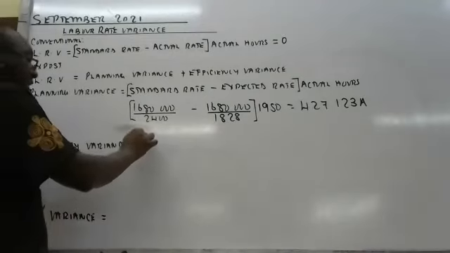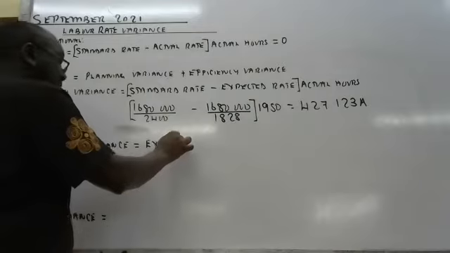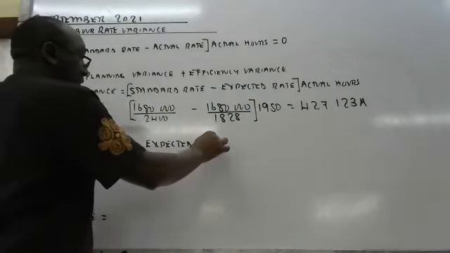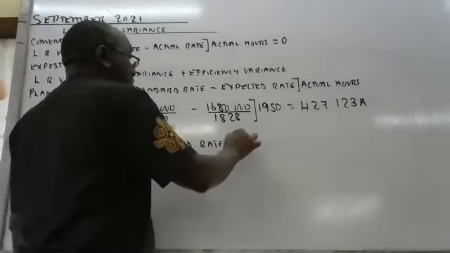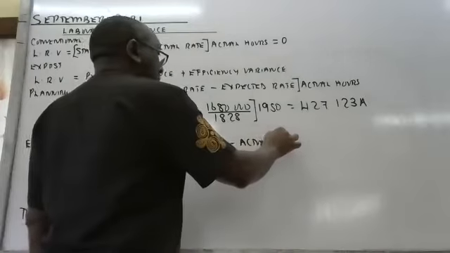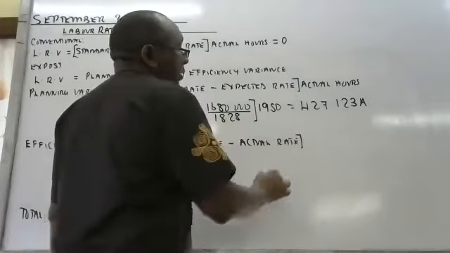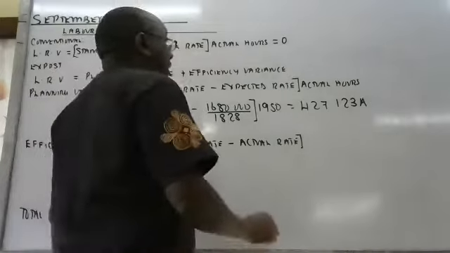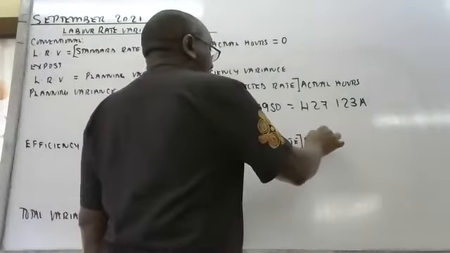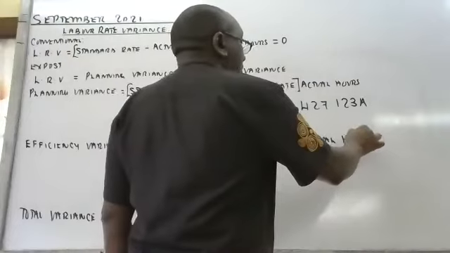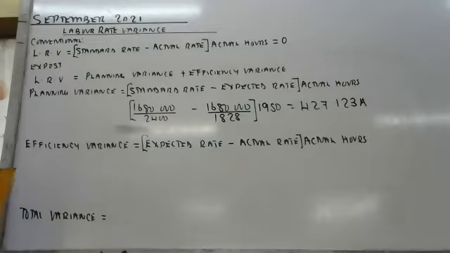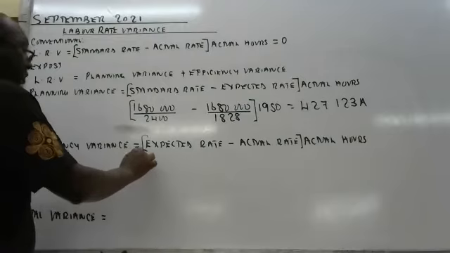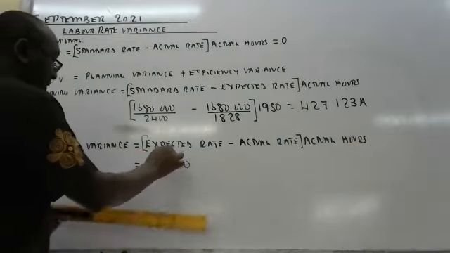Efficiency, it will be the expected rate minus the actual rate, you multiply by actual hours. So the expected rate, we already have it at 16,800.